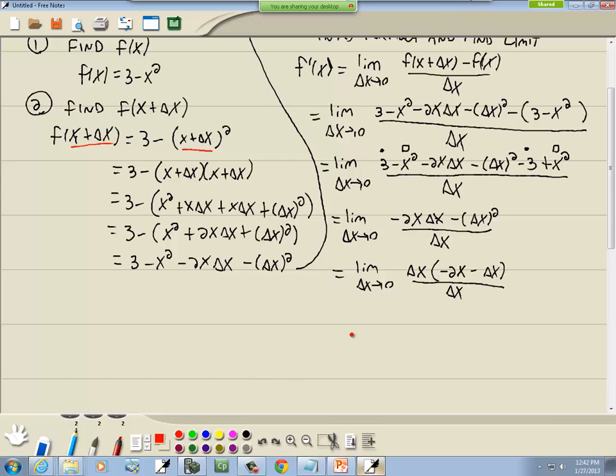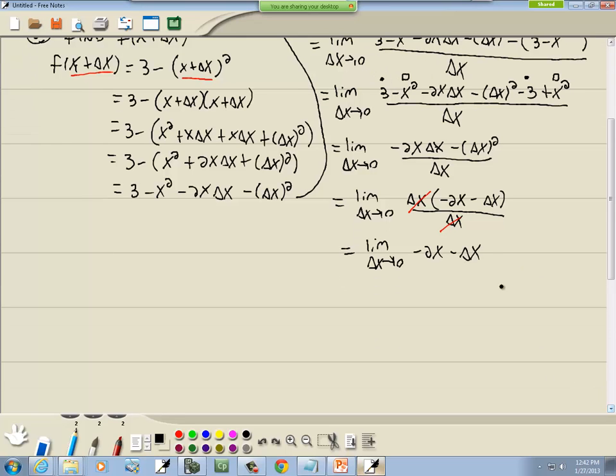Since that's multiplication, we can cancel the delta x here with the delta x here. Now the delta x down below is what was causing us problems, because if I put 0 in there, I'd have 0 in the denominator. Well, after I've canceled, you notice we're left with negative 2x minus delta x. Our goal is to get rid of that down below so we can plug it in. And now we can plug in the 0. So we've got negative 2x minus 0, which ends up with negative 2x.